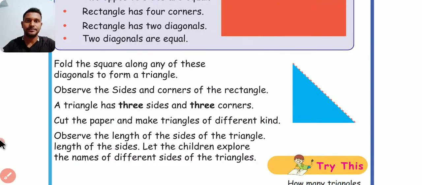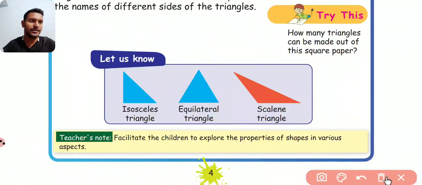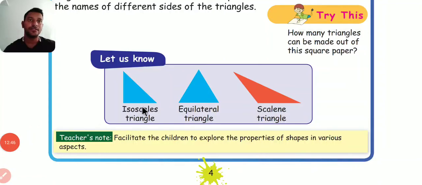Next, this one is the different types of triangles. Here we have different types of triangle. First one, isosceles triangle. In an isosceles triangle, two sides are equal. 1, 2.